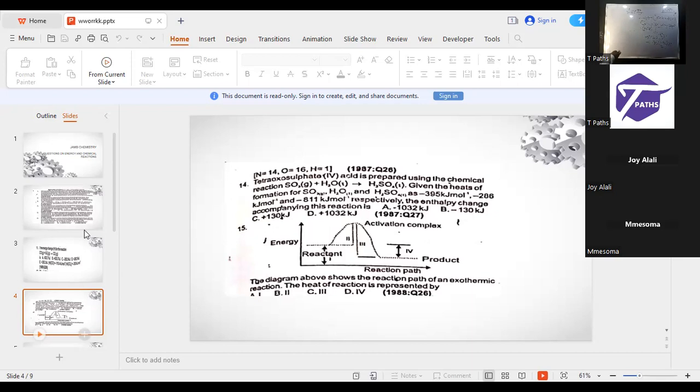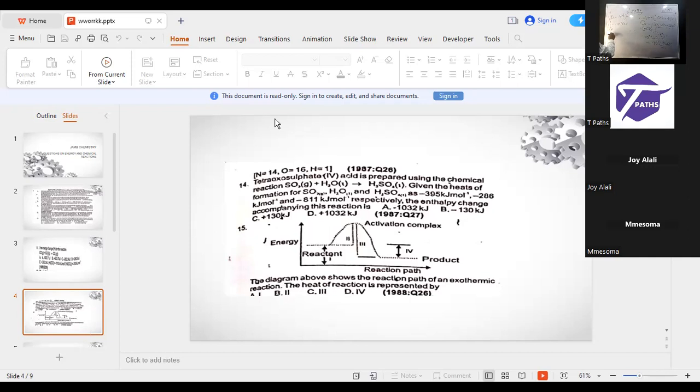So we have SO3 as minus 395 kilojoules per mole. The enthalpy of H2O is minus 286 kilojoules per mole.